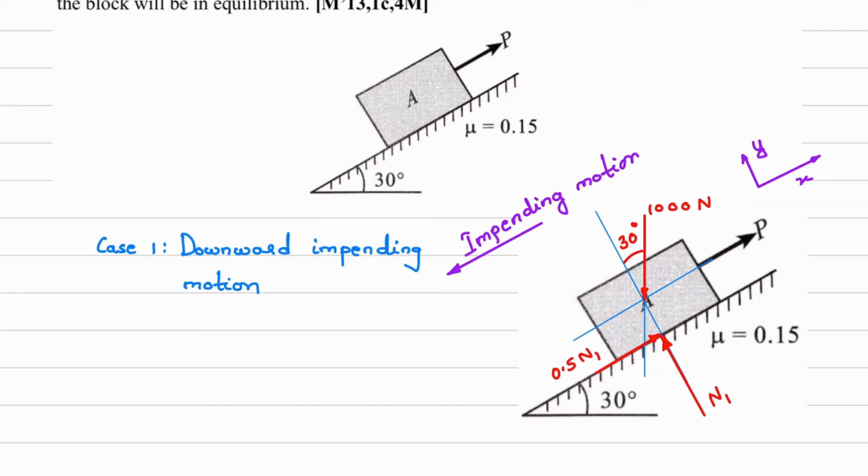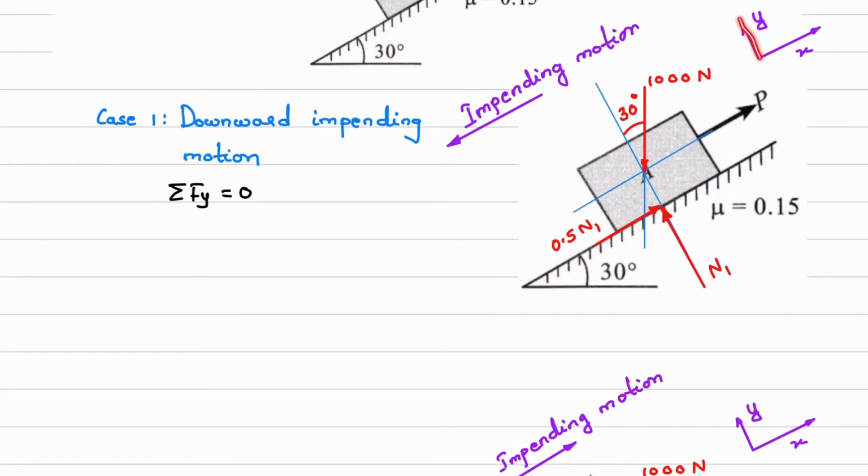So I'll write down the first condition of equilibrium, summation Fy equal to 0. All the forces in this direction we are considering positive y, and in this direction there will be negative y. So the first force will be plus N1, and the downward component of weight, since the angle of weight is with respect to y axis, will be minus 1000 cos 30 equal to 0.